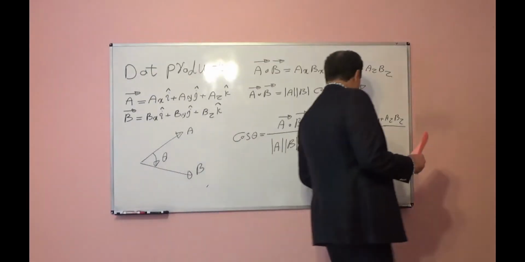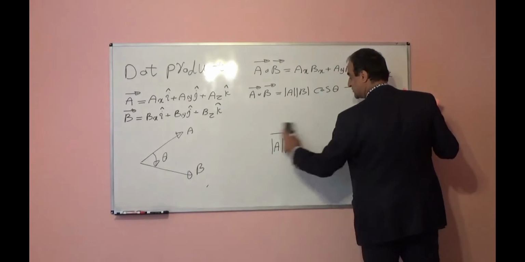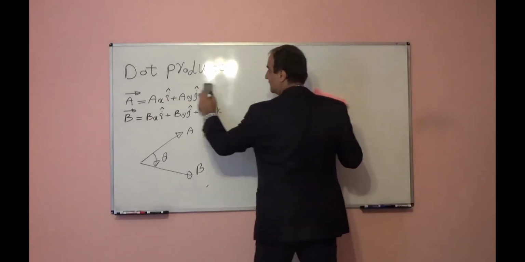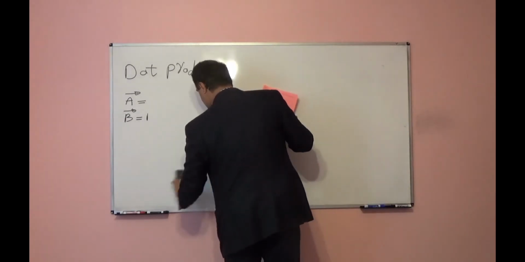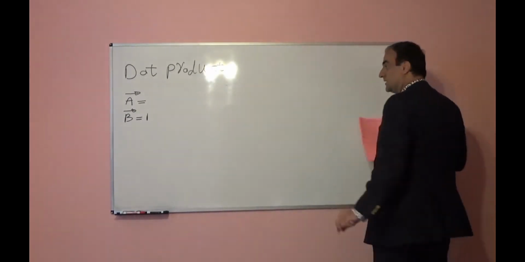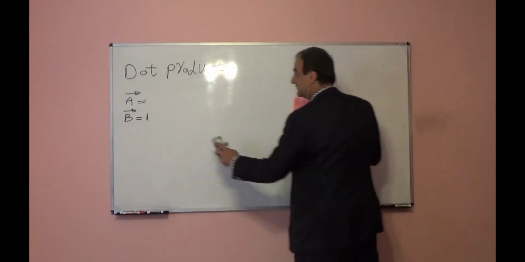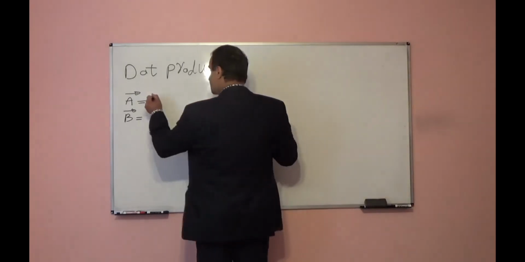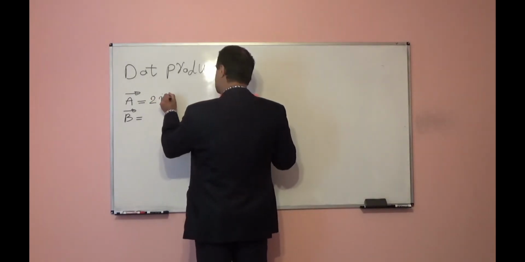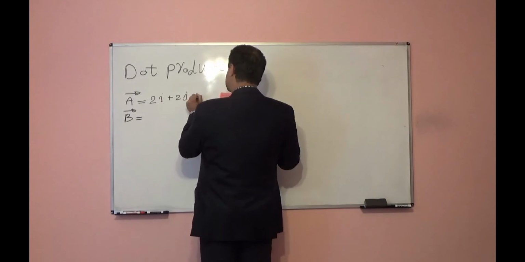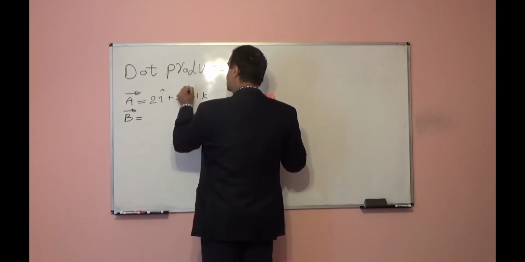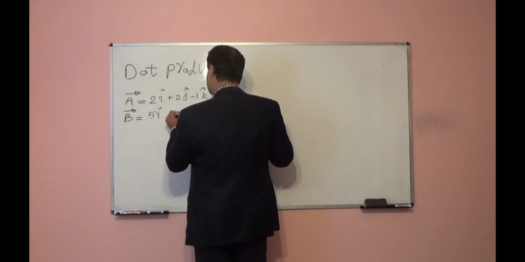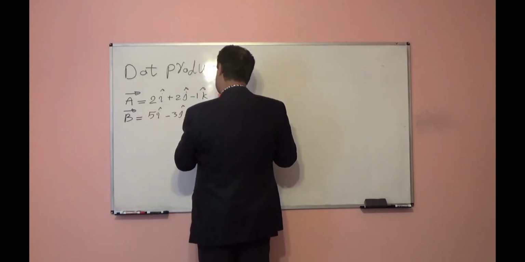So I will solve one numerical problem. Assume we have two vectors in Cartesian vector form, vector A and vector B, and we want to find the angle between these two vectors. Vector A in Cartesian vector form is 2i plus 2j minus 1k. Vector B is 5i minus 3j plus 2k.